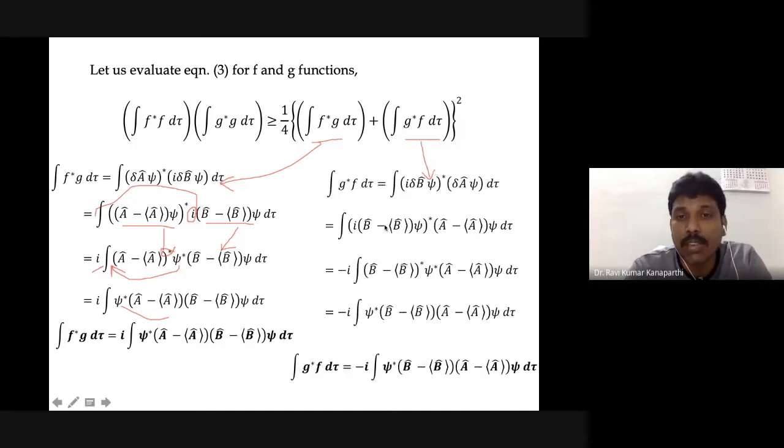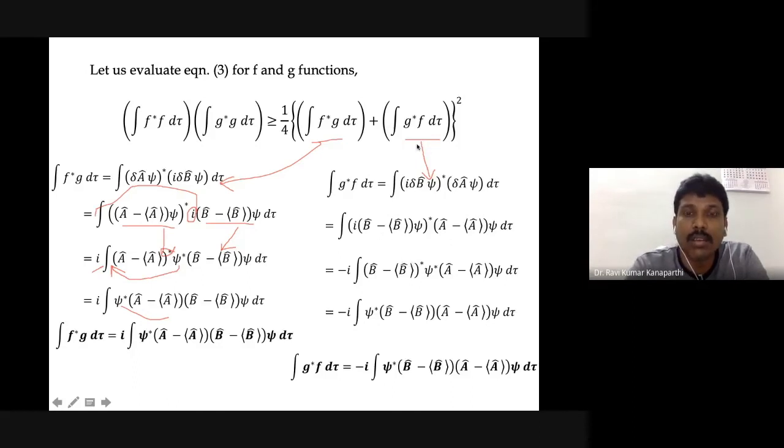This can be evaluated in a similar fashion, and what we get is a minus i. Instead of i here, we get a minus i, because there is a complex conjugate.